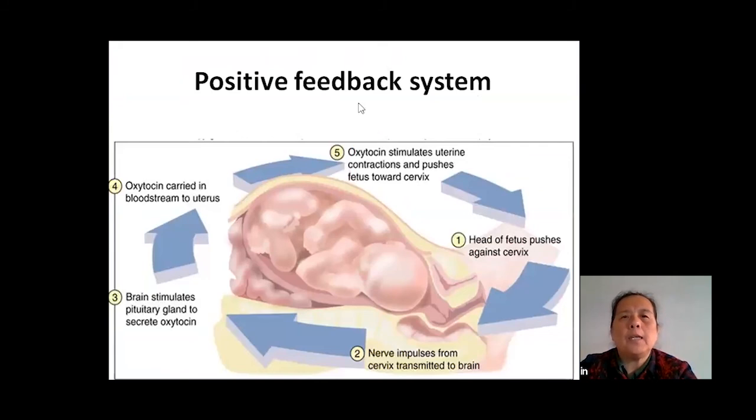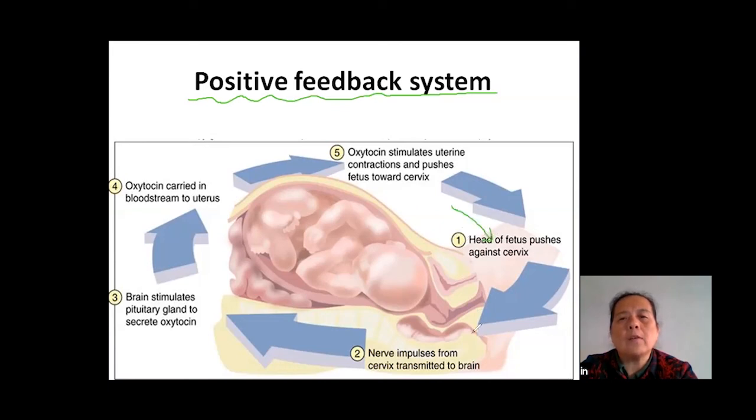The next picture here is the positive feedback system. The typical case we talk about is baby delivery. They try to make it stronger, stronger, and stronger.